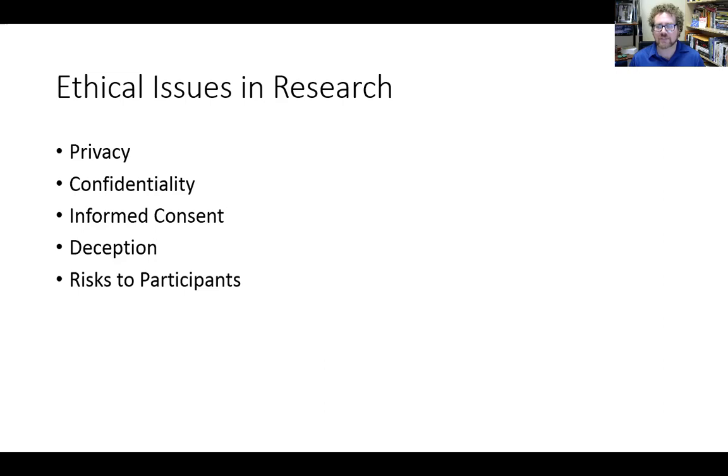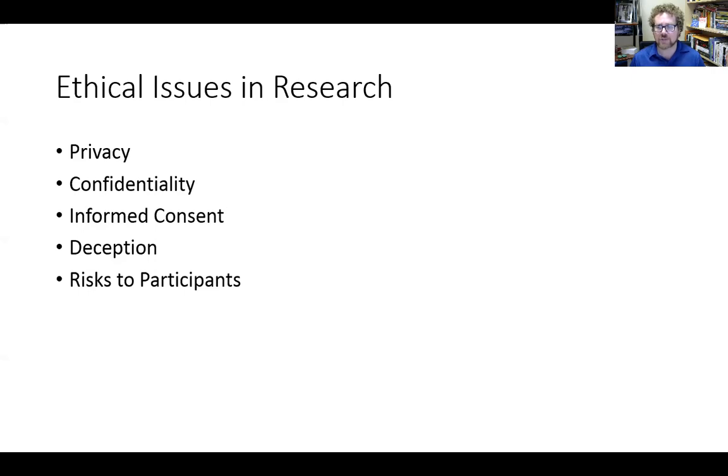So occasionally an IRB will approve the use of deception in an experiment where you do deceive your participants a little bit, basically to keep them behaving naturally. However, when this happens, the requirement is that when the study is over, you fully debrief your participants and tell them what the experiment was actually about after they've provided the data.